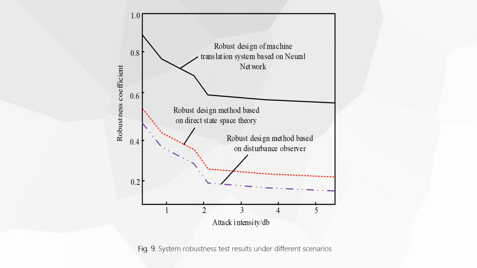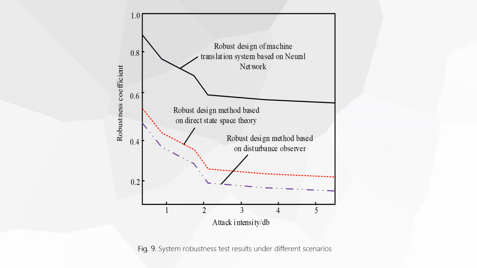That is, the robustness design effect is better. This is because the load instability coefficient of the machine translation system is set as the vulnerability measurement index to measure the vulnerability of the machine translation system.